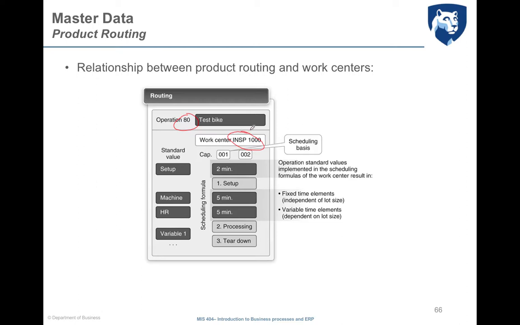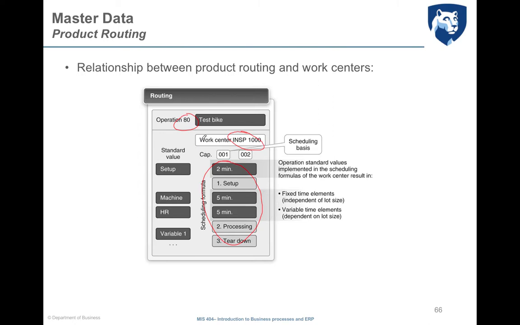In particular, it indicates that the setup, machine, and labor time for the operation are 2 minutes for one setup, 5 minutes, and 5 minutes for processing, and so on.